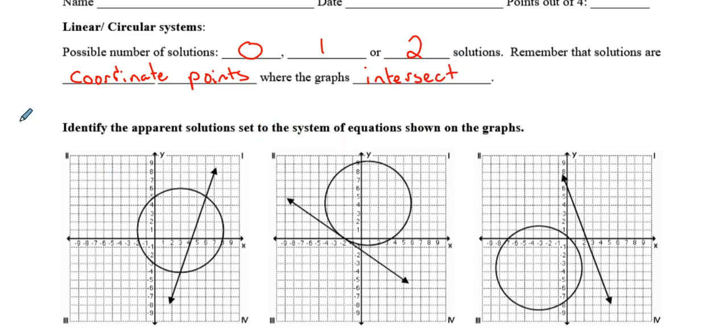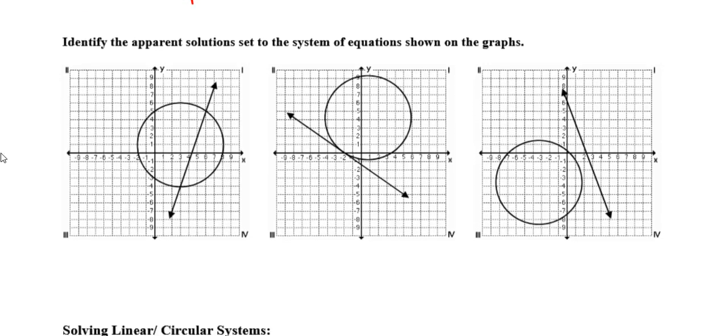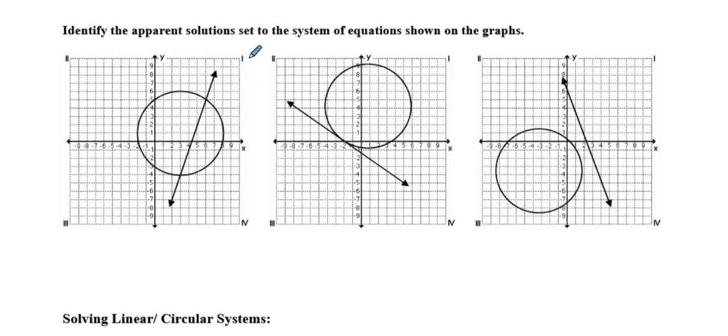Alright, so the first set of problems here involve diagrams, where we'll show you the graphs and you want to pick out the apparent solutions. When we say apparent solutions, we're just talking about the ones that you can see, like trust your eyes. So we have a solution right here, and a solution right here.